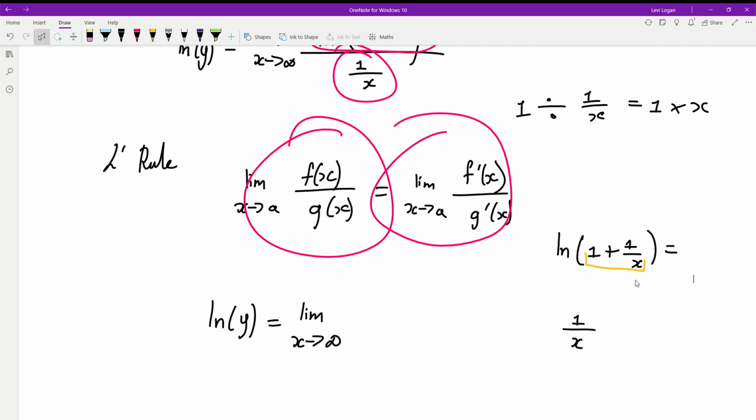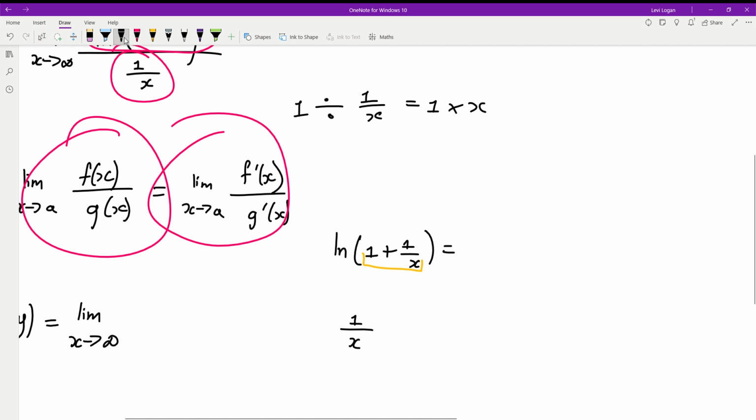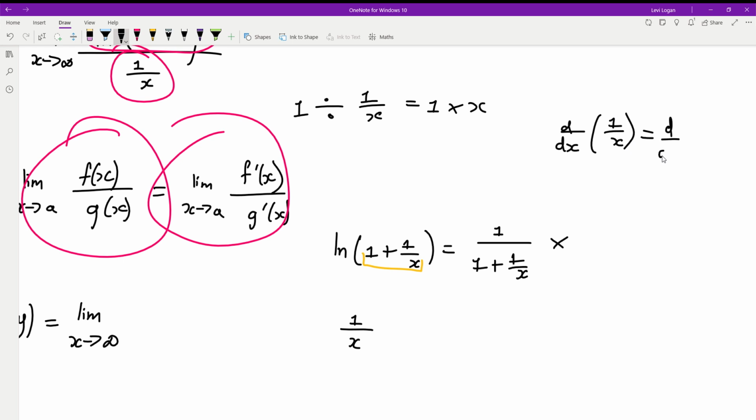So straight off the back, it would be 1 over this function, so 1 over 1 plus 1 on x, times the derivative of this inside function. The derivative of 1 is 0, and then the derivative of 1 on x. We can write 1 on x as x to the minus 1. All we're going to use is the power rule: bring that negative 1 down the front and subtract 1 from the power, so you get minus 2. Hence we get negative 1 on x squared.